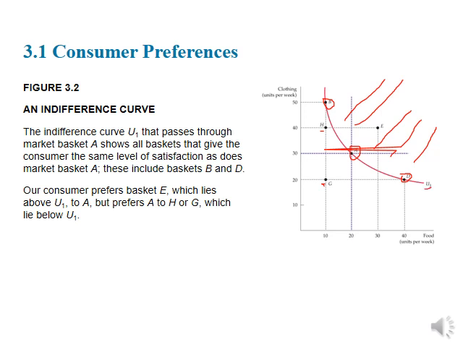We'll call it U1. And everything below the indifference curve is less preferred than this level of preference we called U1.